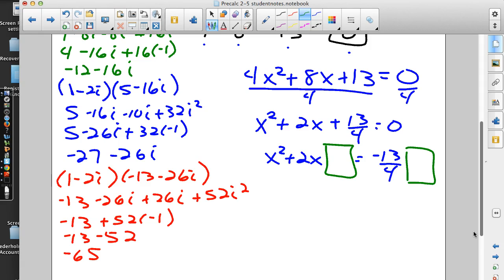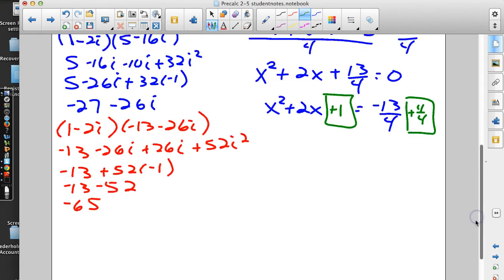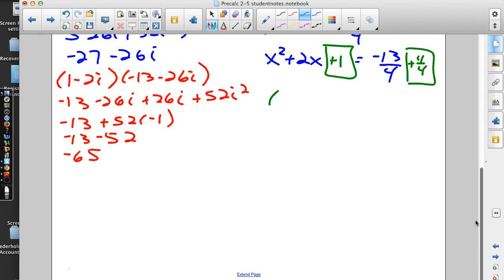What do we need in the box? What do we need? 1. 2 divided by 2 is 1. 1 squared is 1, but I'm not going to write it as 1 over here. I'm going to write it as 4/4. Make our job a little bit easier with the fractions there. So this is x plus 1, quantity squared, equals negative 9/4.